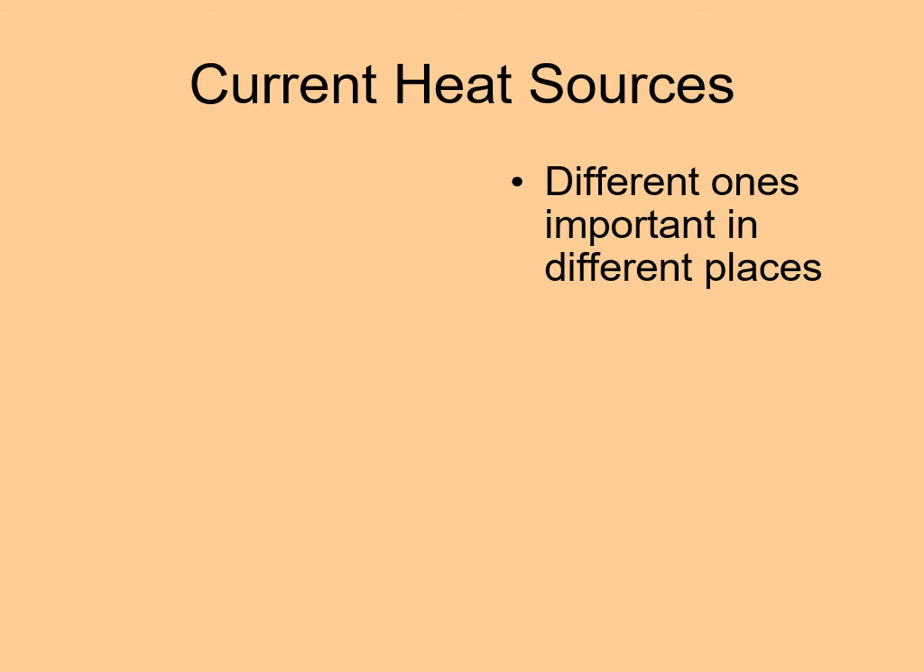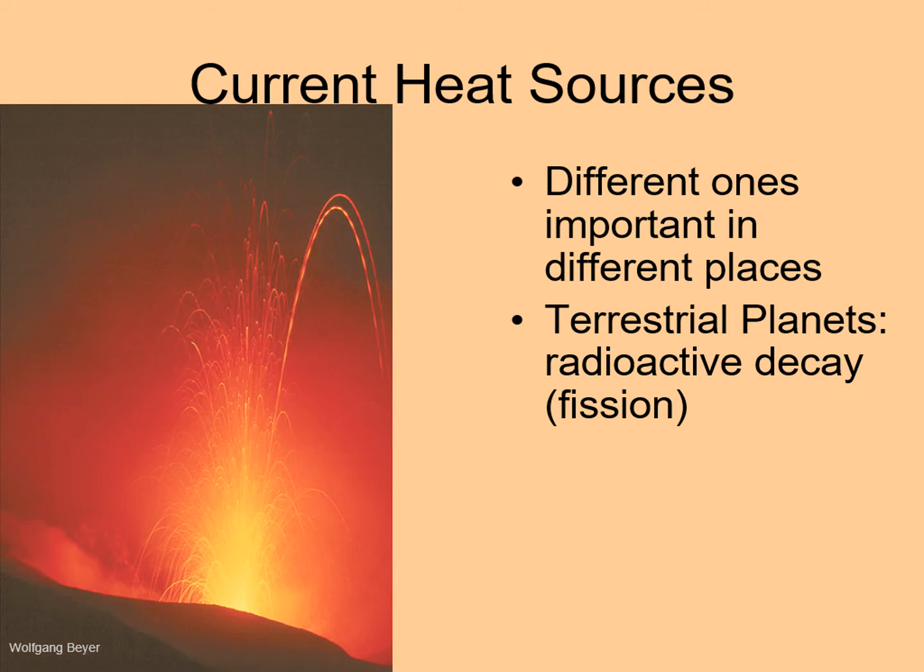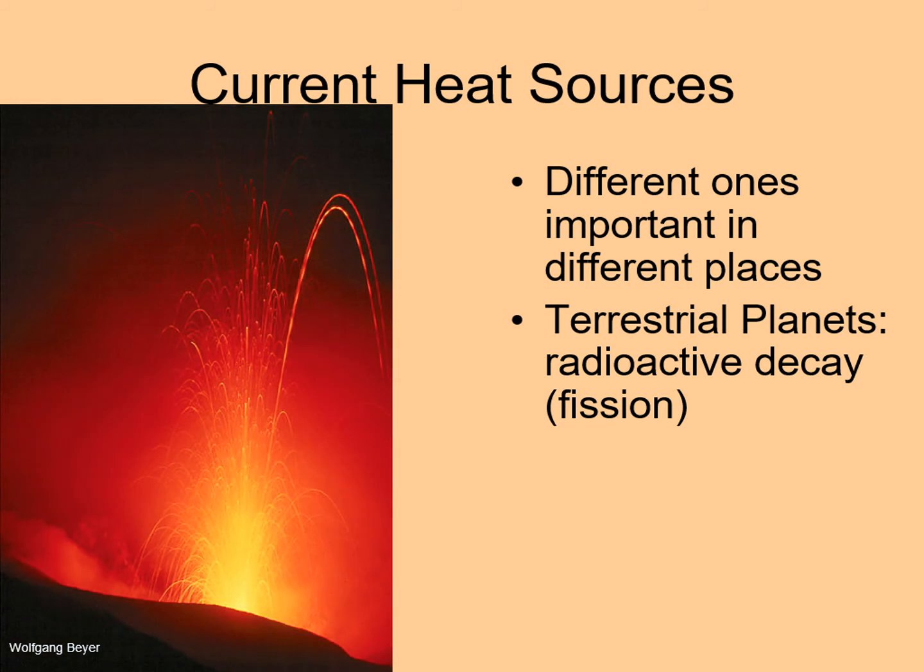However, 3 other heat sources are still generating a lot of heat in worlds around the solar system today. Each of these dominates in a different population of worlds. In terrestrial planets, the main heat source is the decay of radioactive elements. As we saw in the last chapter, the decay of common radioactive elements like uranium releases energy.